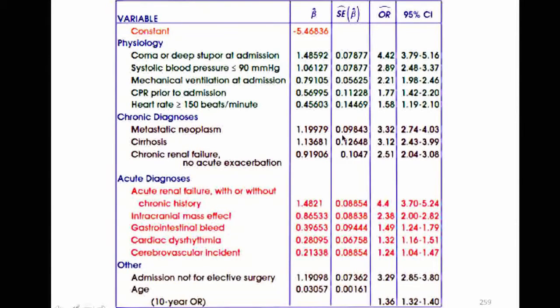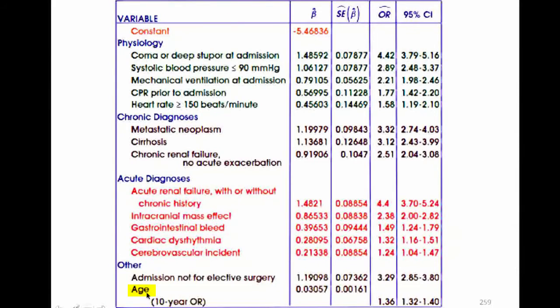But when it came to the continuous variable age, assuming linearity in the logit, which we looked at and decided, okay, we do have linearity in the logit, we didn't just take e to the coefficient, we took e to the 10 times the coefficient. And so this 1.36 is the odds ratio associated with 10 additional years of age.